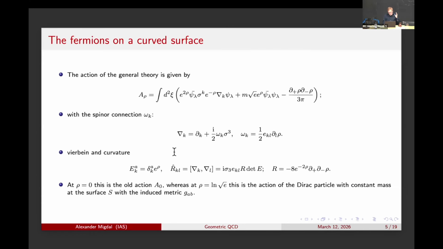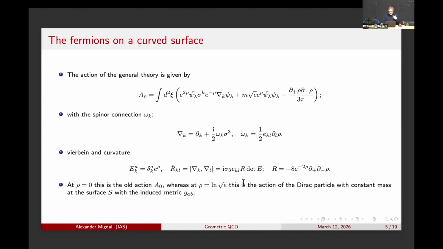Okay, so at rho equals 0, it's an old action, A naught. And if we take rho as logarithm of square root of E, then the mass term becomes the ordinary mass term. Rho disappears. Mass term becomes what is supposed to be for the massive particle in curved space.